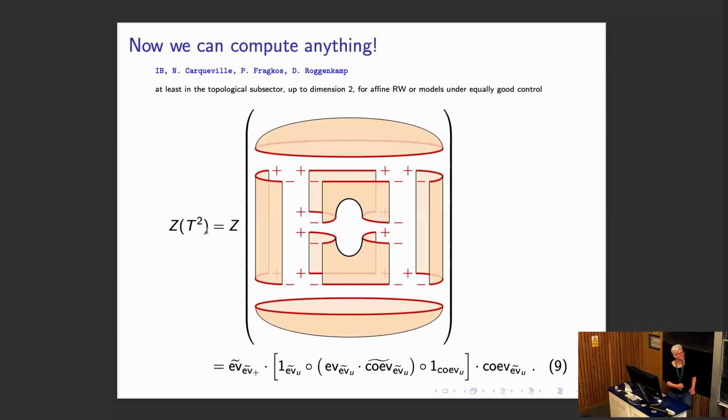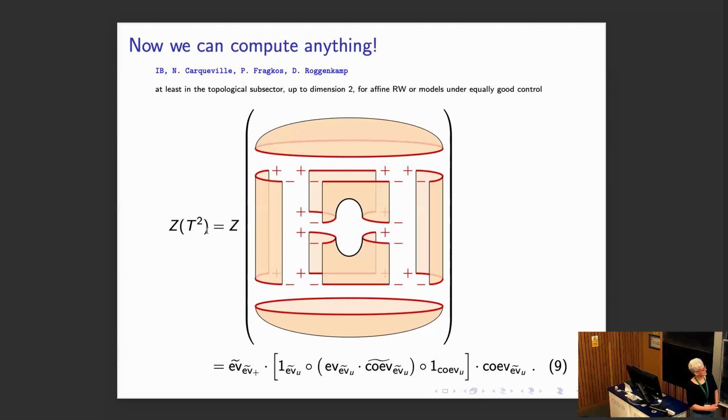So what does it mean? We can now compute anything, at least on the level that we have been talking about. So in a topological subset up to dimension two for these affine Rozansky-Witten models or models under equally good control. For example, there is this state space that we can compute by gluing stuff together.